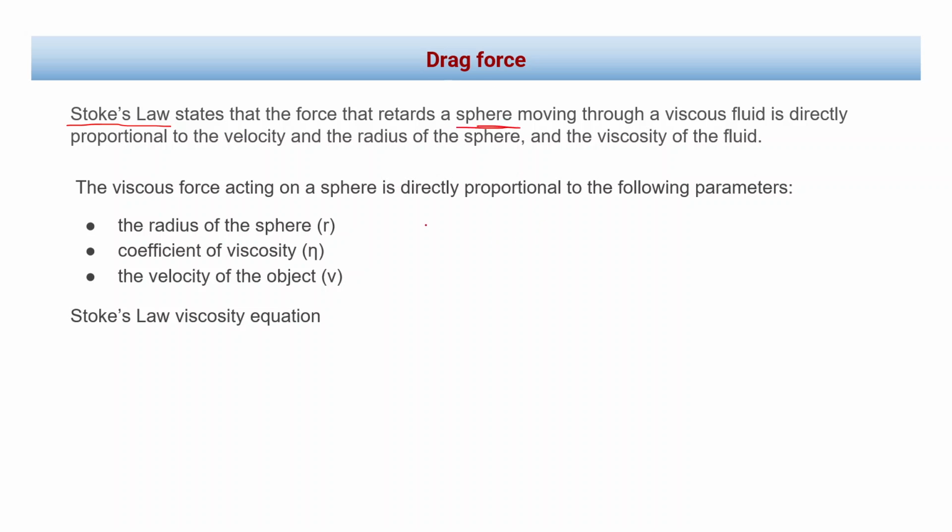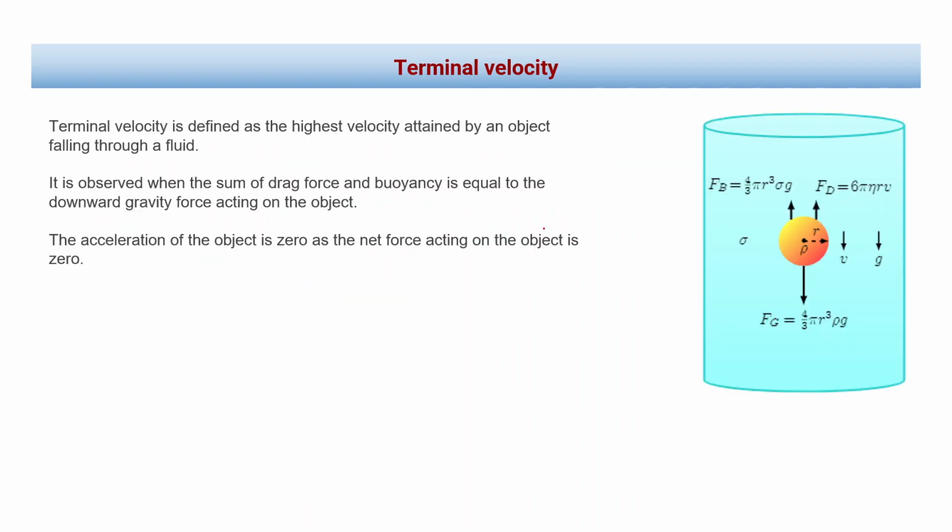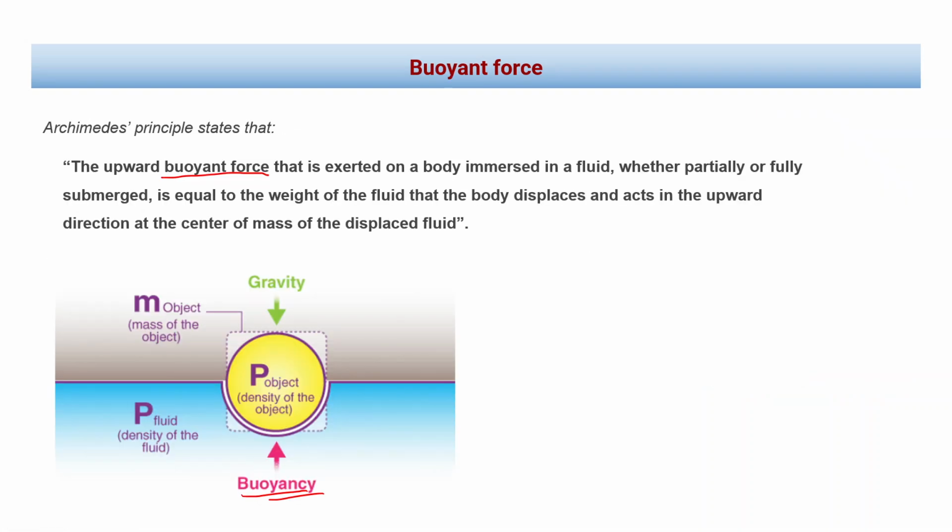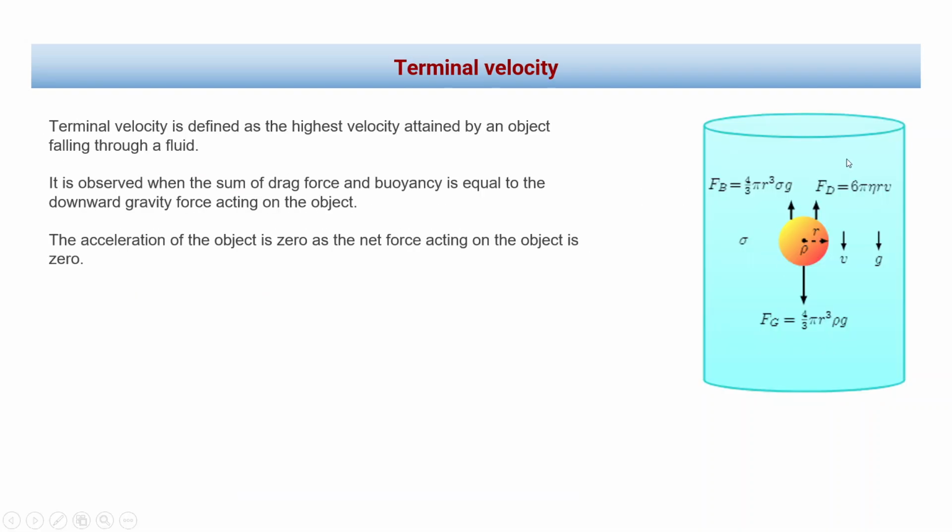These laws that we have been discussing have been derived for a particular kind of body. So Stokes' law states the force retards a spherical body. As we can see here, this is a spherical body moving through this liquid, and one force we understood is the buoyant force acting on this body upward.